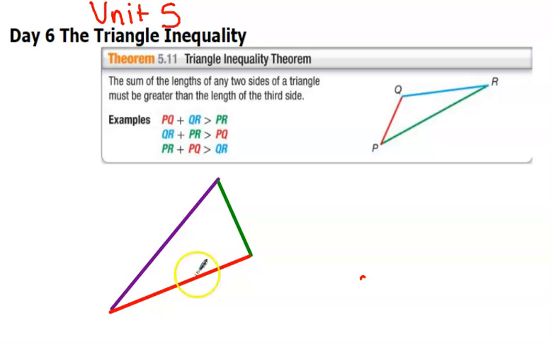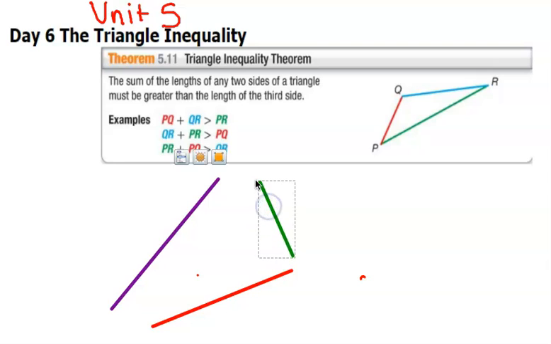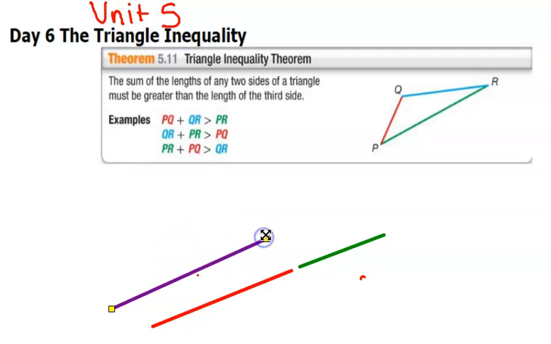Well, let's put those three segments back together, just next to each other. So then you can notice, I'm going to move this triangle. These two sides are definitely longer than this segment. And there we go.